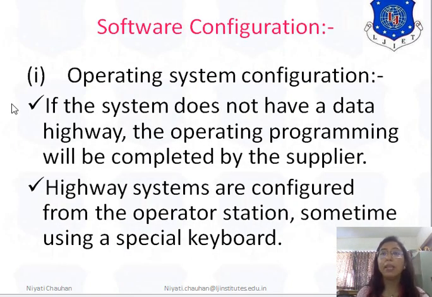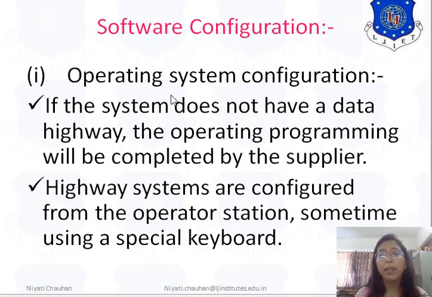First, operating system configuration. If the system does not have a data highway, the operating programming will be completed by the supplier. Highway systems are configured from the operator station, sometimes using a special keyboard.